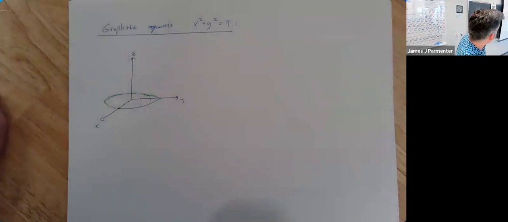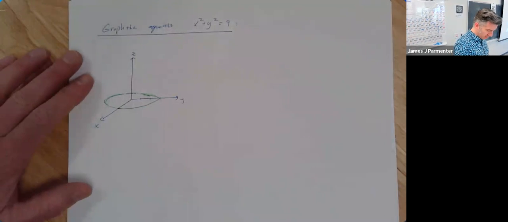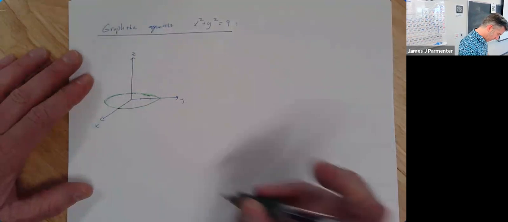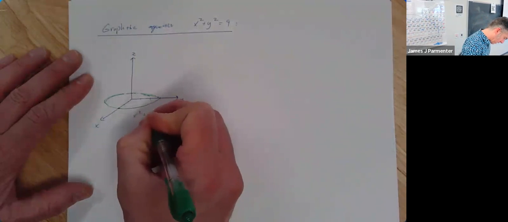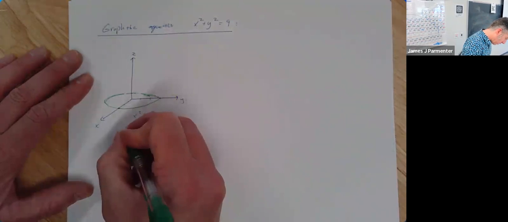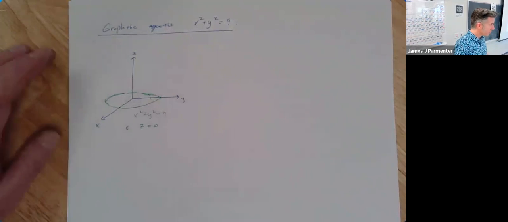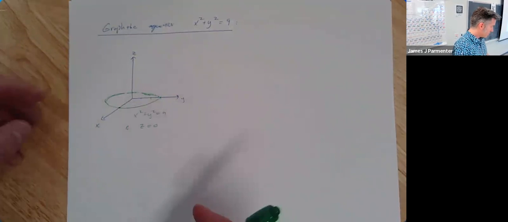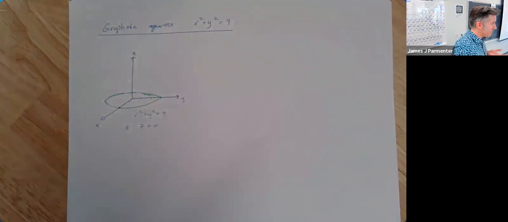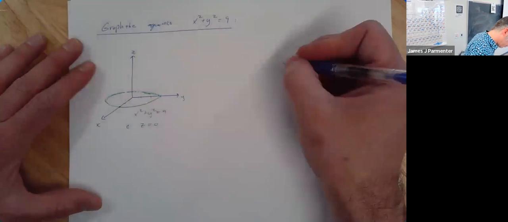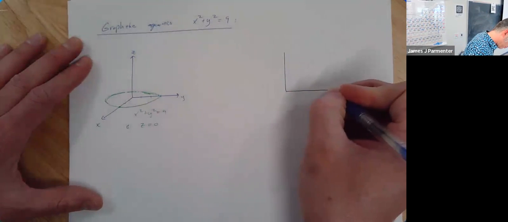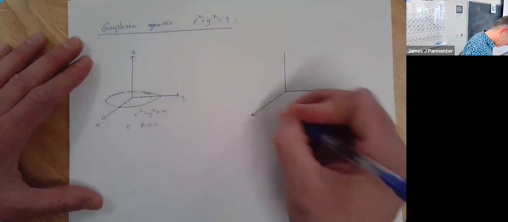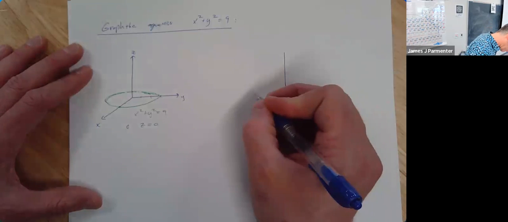There's my circle in the XY plane. So in the XY plane, I've got x squared plus y squared equal to 9, and also z equal to 0. But z equal to 0 wasn't a requirement of this graph. So what we're going to do is just extend this up and down. So we're going to get a cylinder. I should probably just do this, yeah.